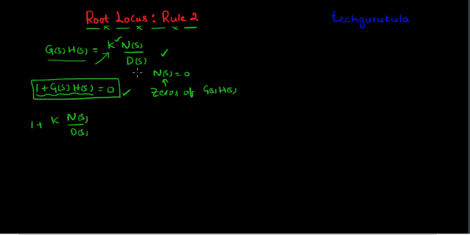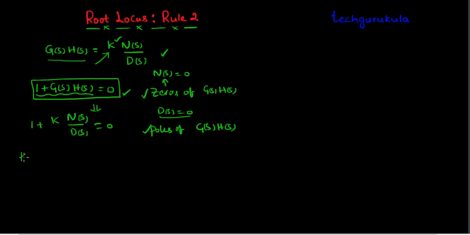Now if we equate the denominator to 0, say D(s) equals 0, the roots of this equation are nothing but the poles of the open loop gain, which is G(s) times H(s), right? These are two important statements here. Now we are writing this characteristic equation in this form.